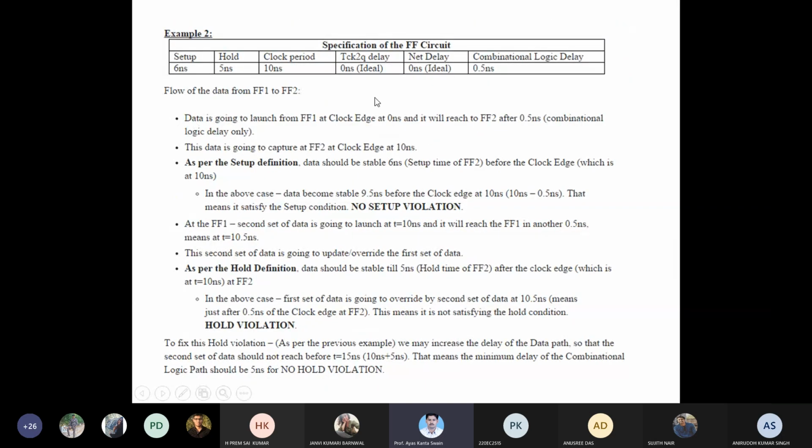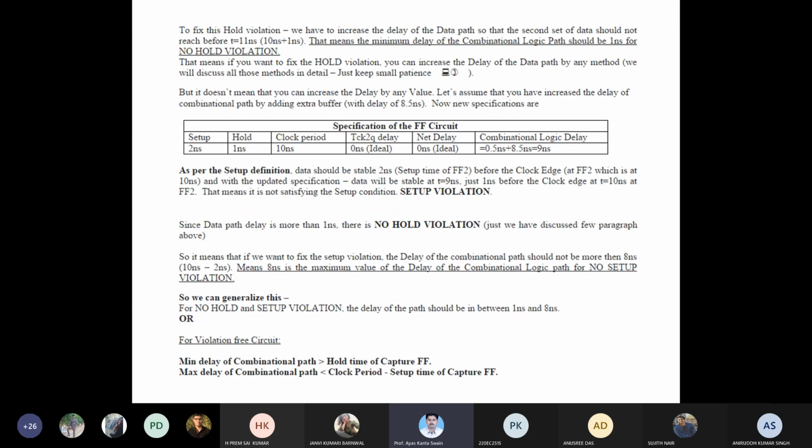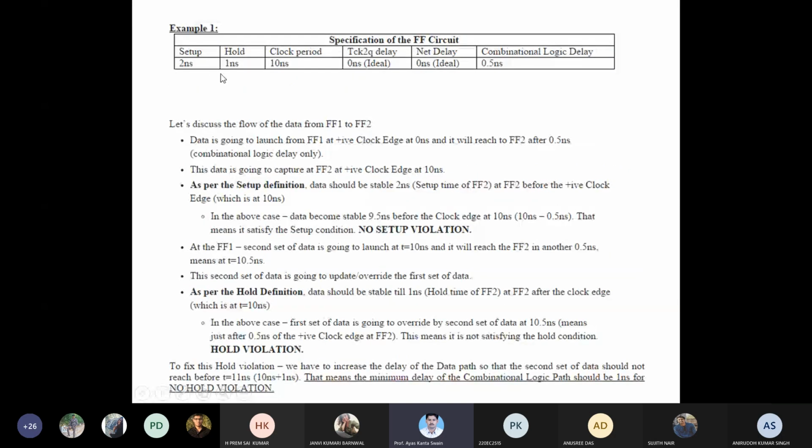So you see here. Whenever this type of question is given to you, first you cross check whether your setup and hold time, when it adds up, is equal to or greater than clock period or not. See in example 1, your setup is 2, hold is 1. So 3, the clock period is far away from 10 nanosecond.